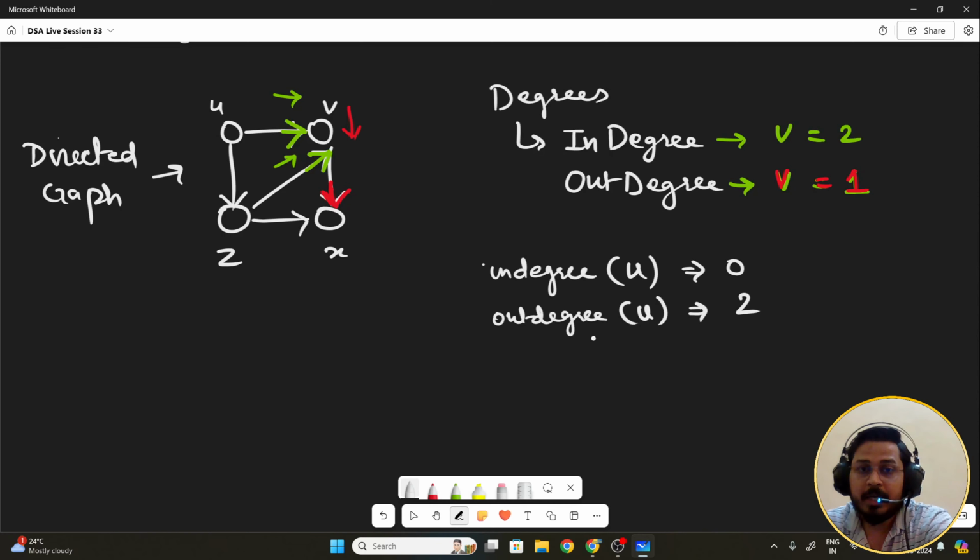So there are no in degrees, or there are no edges going inside u, but there are two edges coming out of u. Okay, this is what you call as in degree and out degree. I hope this is also very much clear to all of you.